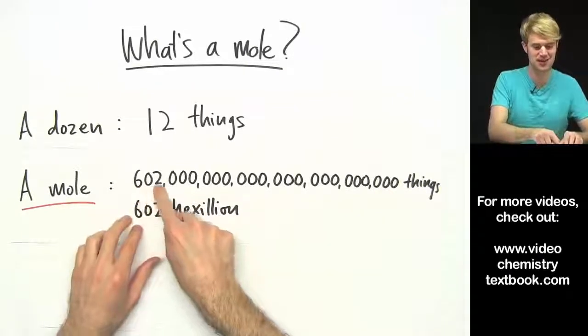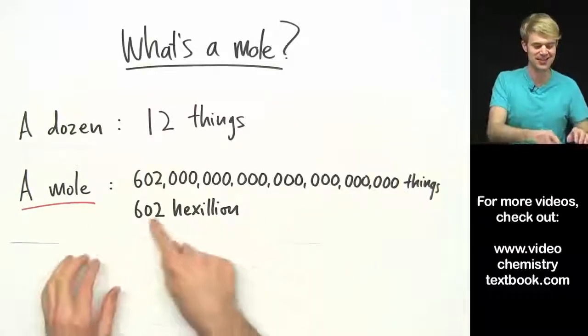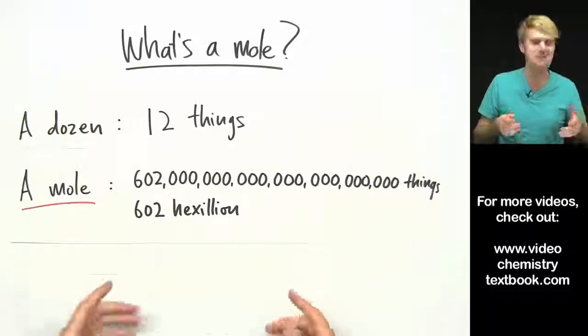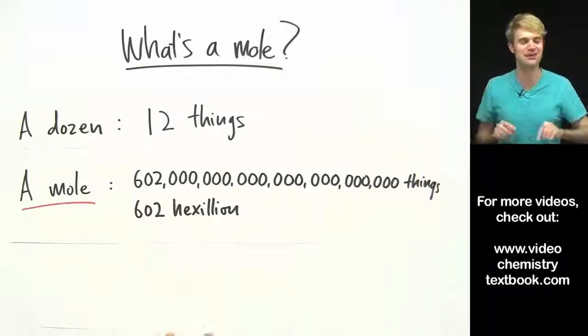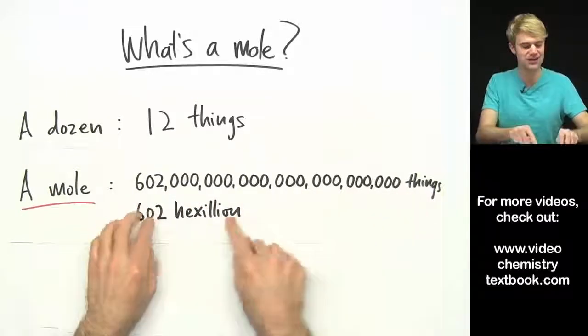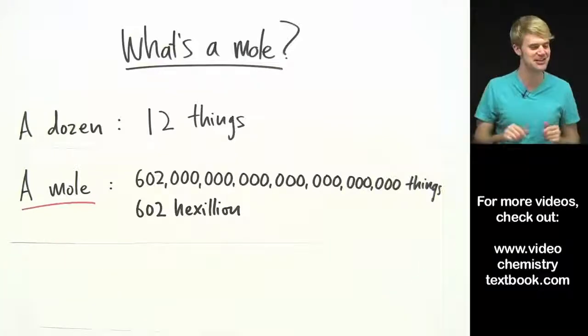This is 602 followed by 21 zeros. So a mole, like a dozen, is a name for a certain number of things. There are 12 things in a dozen. There are 602 hexillion things in a mole. This is a gigantic number.